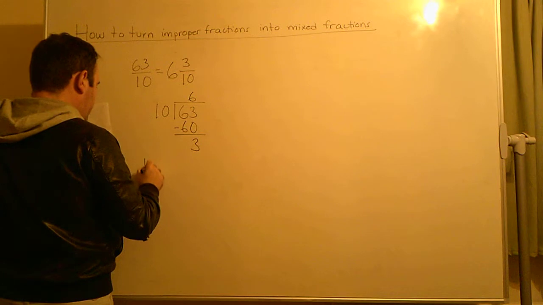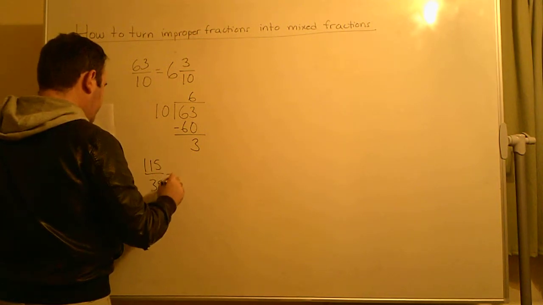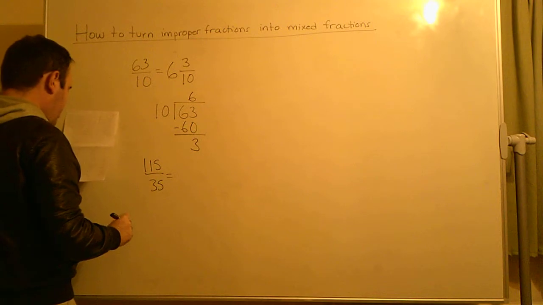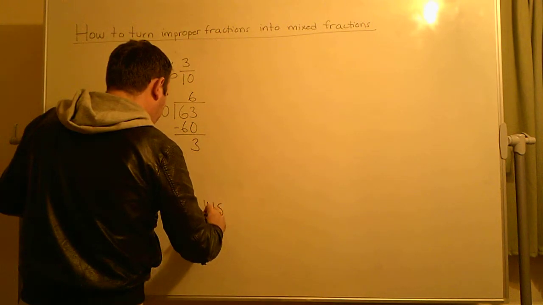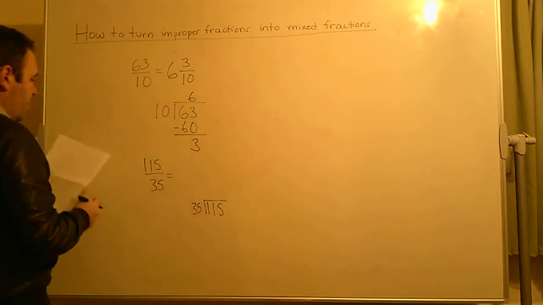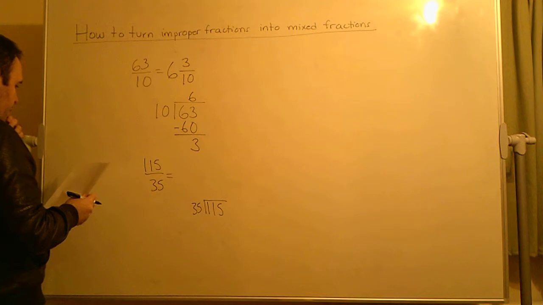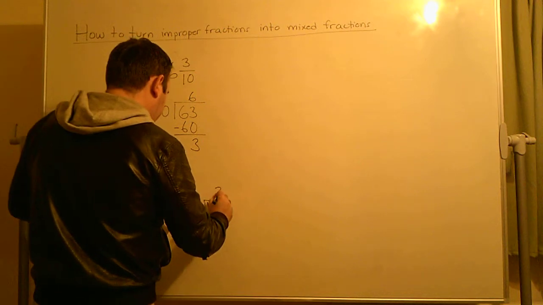Another one. 115/35. So what do we do here? Again, we divide 115 divided by 35. So how many times does 35 go into 115? Would be 3.